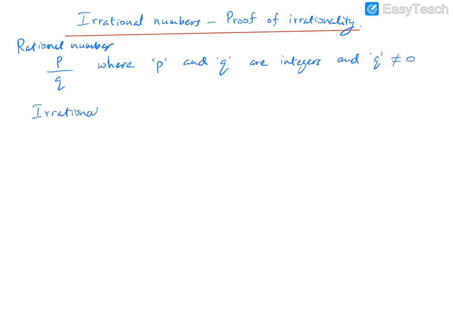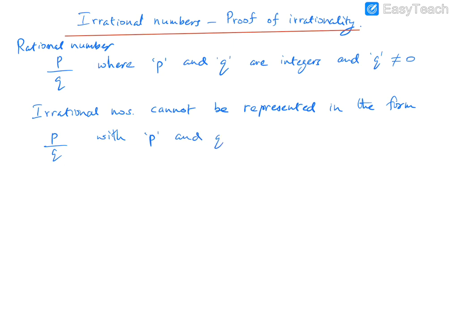So irrational numbers cannot be represented in the form p over q with p and q integers and q not equal to 0. Okay, so for irrational numbers it is not possible to have this representation.